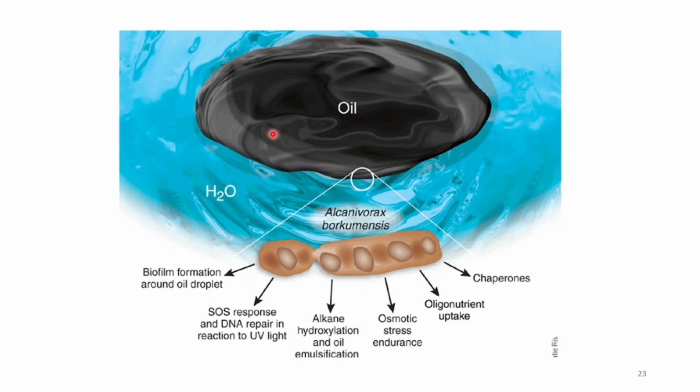Alcanivorax borkumensis growth is actually dependent on 14 to 19 carbon chains, and it is able to outcompete other hydrocarbon-eating species of bacteria because it can break down such a wide range of alkane chains. But this bacteria cannot consume sugars or amino acids as a source of energy, unlike most other bacteria.